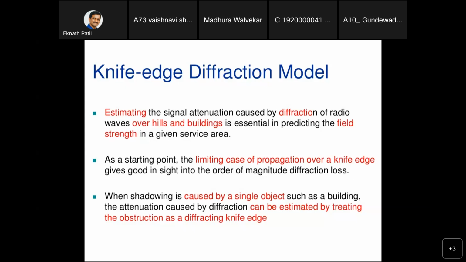When shadowing is caused by a single object such as a building, the attenuation caused by diffraction can be estimated by treating the obstruction as a diffracting knife edge. So the knife edge diffraction model is there where the edges are there. On those edges there is diffraction and we are getting the signals in the shadow region.